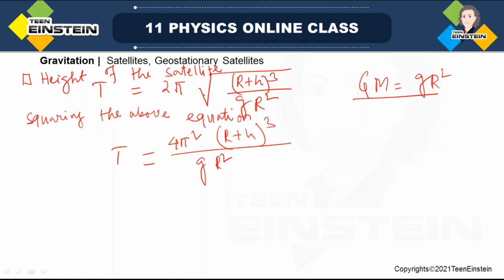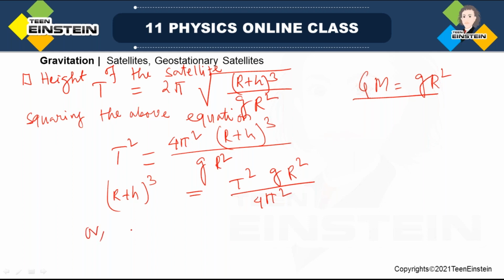So we have to find out the height. If you want to find the height, what we have to do is keep this r plus h on this side and take all of the others to the other side: g r square divided by 4 pi square. This is what we get.